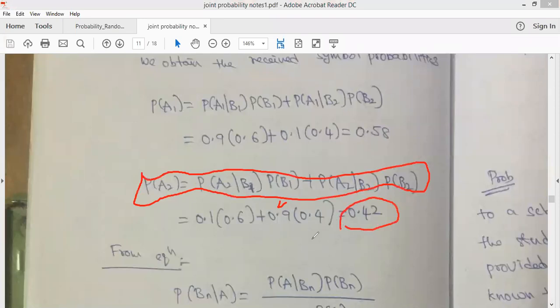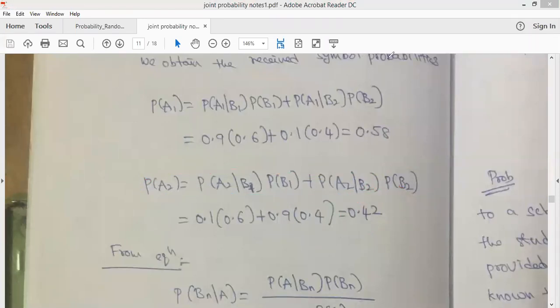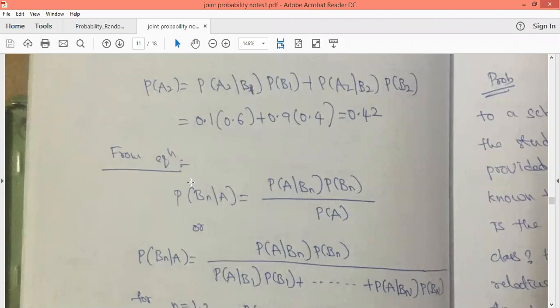Okay, and from Bayes theorem, we know the probability of Bn given A is given like this. What is the probability of transmitting 1, given that we receive 1?